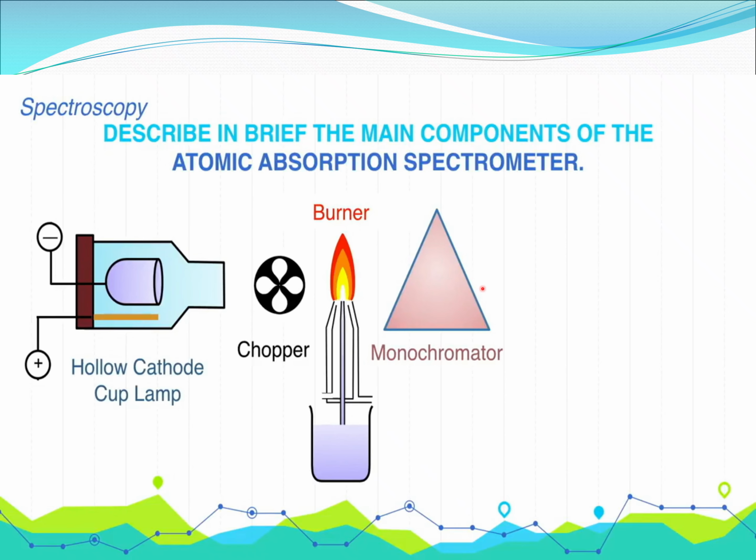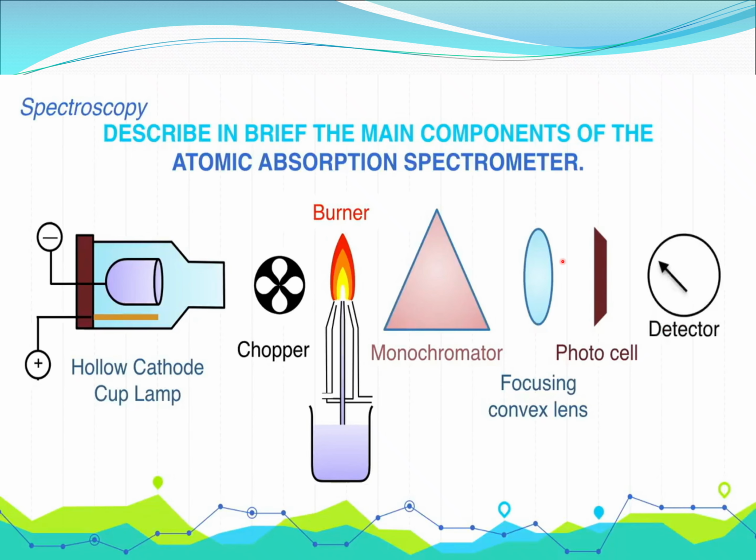We know the convex lens will ultimately direct the different light into one direction, and this is the photocell which will ultimately produce current or electricity when light collides with it, and this is the detector which will ultimately determine the absorbance, and using the Beer-Lambert law it will determine the concentration of the analytes or the heavy metals. So this is the overall instrumentation of our atomic absorption spectrometry.